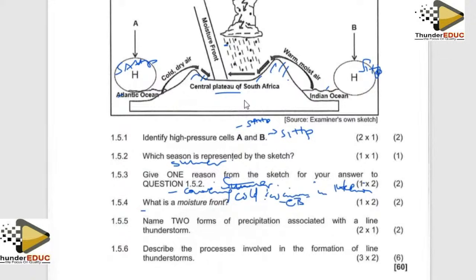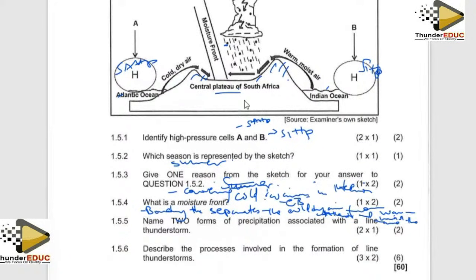The moisture front. What is a moisture front? A moisture front is a moisture boundary, the boundary that separates the cold dry air from the Atlantic Ocean and the warm, moist air from the Indian Ocean.